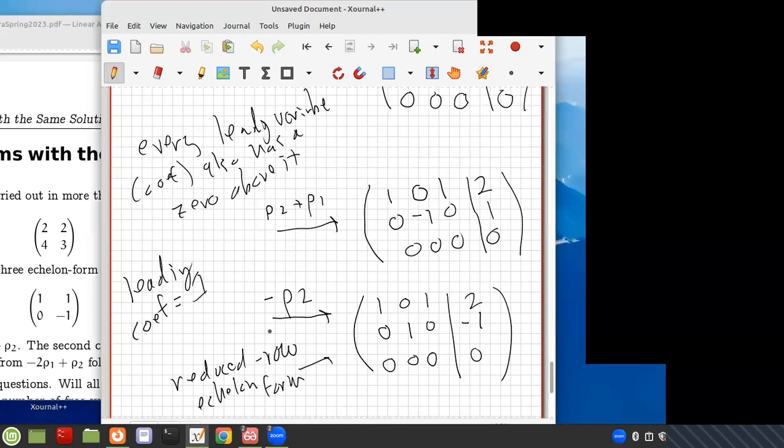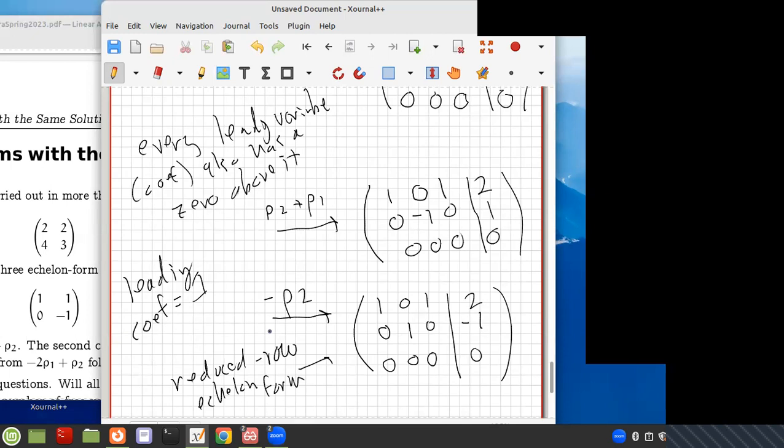So we go into echelon form, but in order for it to be in reduced row echelon form, every leading variable has to have all zeros above it. So that basically any leading variable has nothing above it. It's like the only variable in its column. Okay.